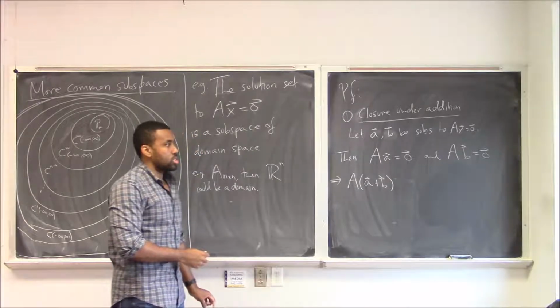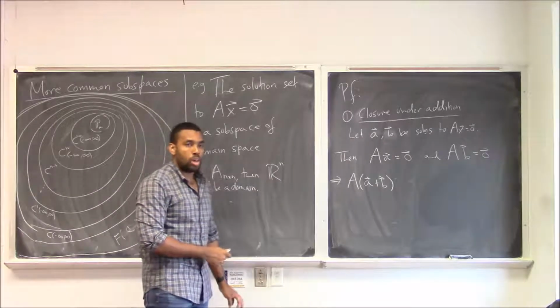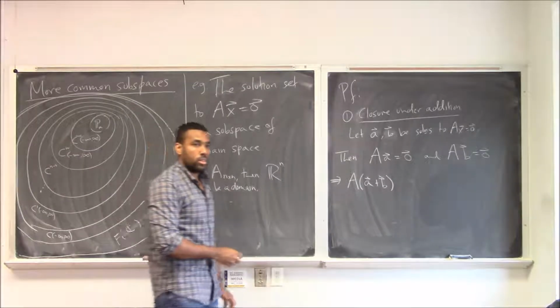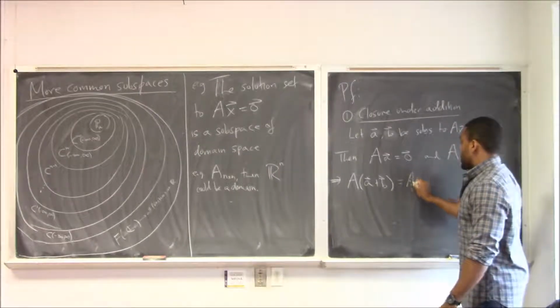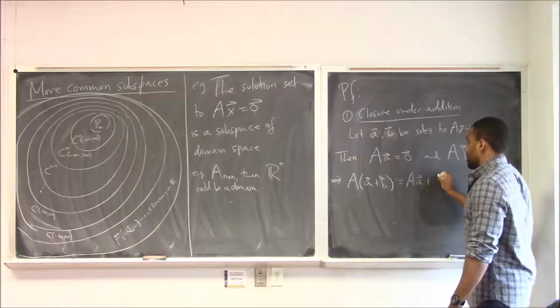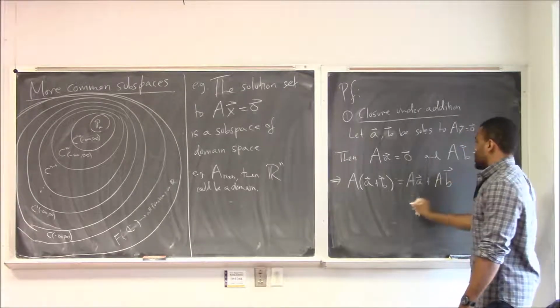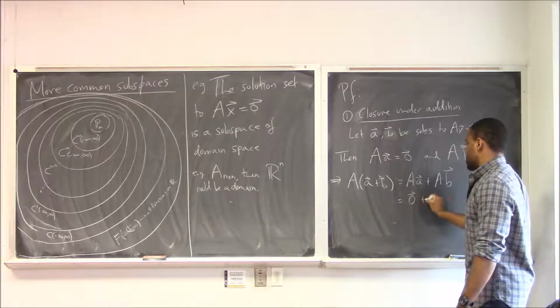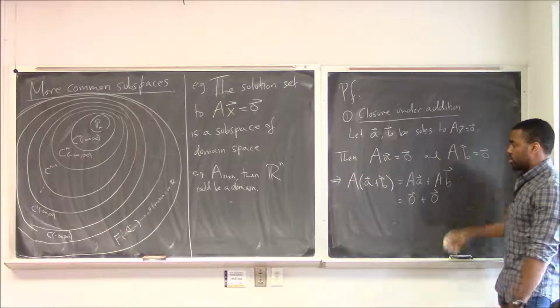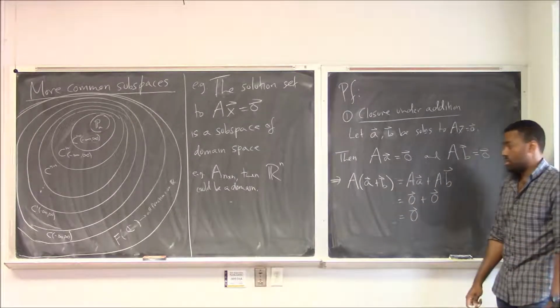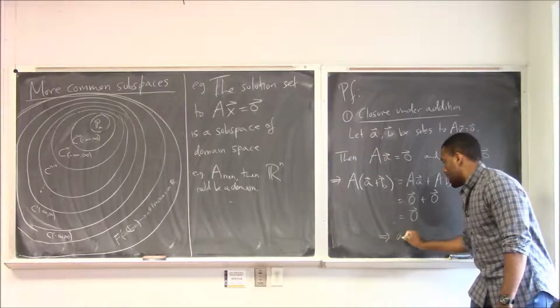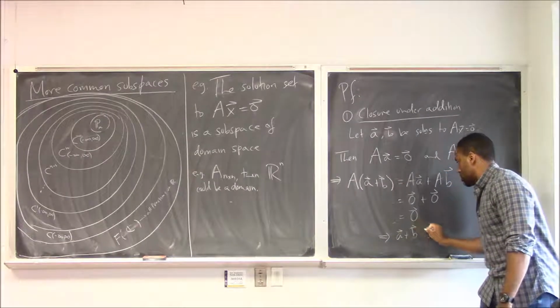I want to know, does the sum of them belong to the set of solutions? You can right distribute A by the matrix properties. I know that this gives me 0 by assumption. 0 plus 0 gives me 0 by definition of the 0 vector. This means A plus B is a solution.